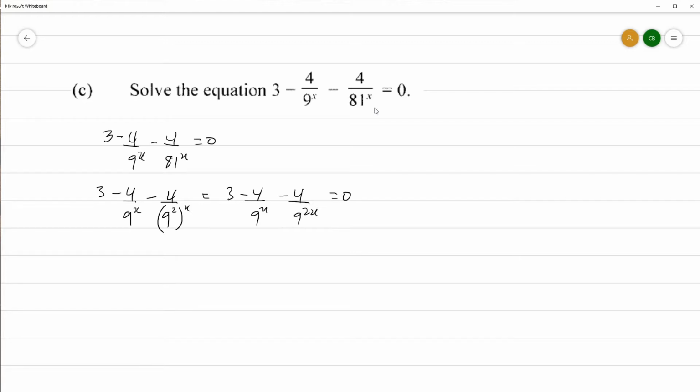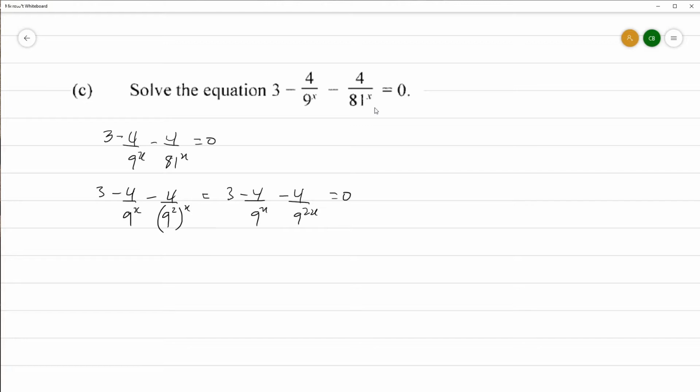Right, so we have a common term, 9 to the x, so we could hopefully move forward and try to solve that. But we need to remove it from the denominator here so we could work with it.